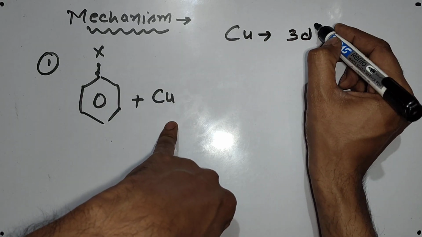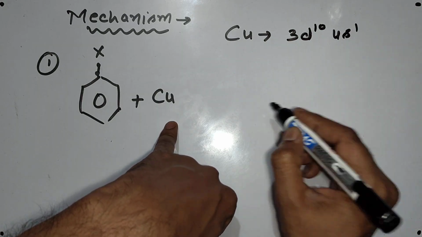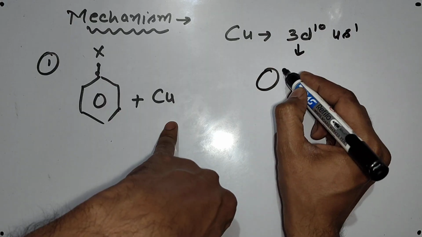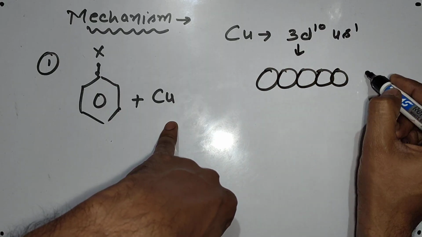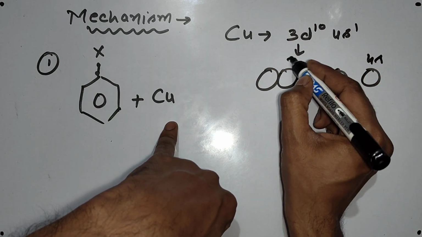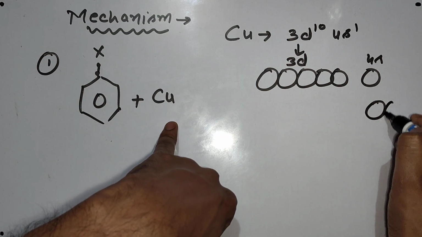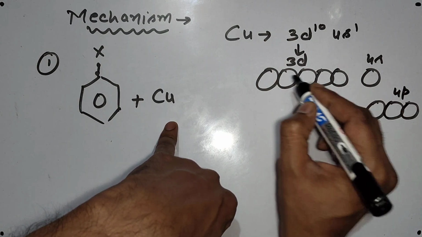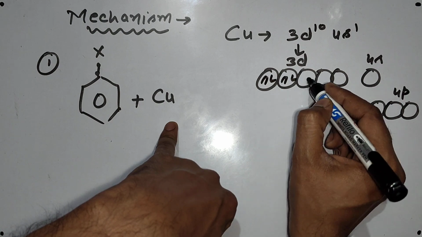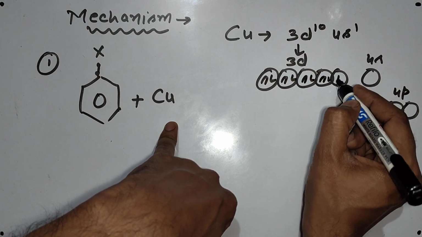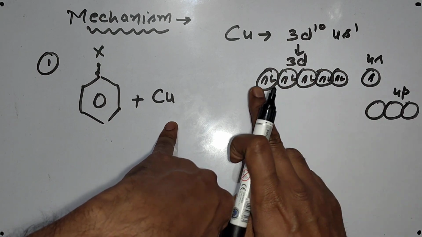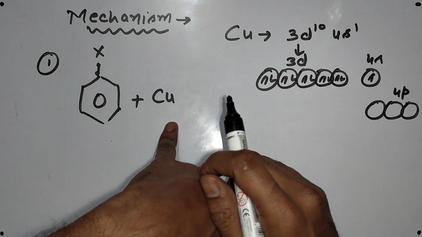It's 3d10 4s1. And we know 4p is also available, which is vacant. This is the ground state electronic configuration of copper.